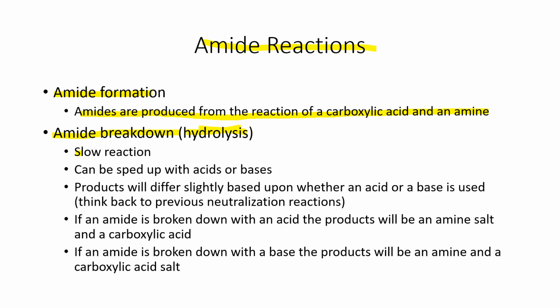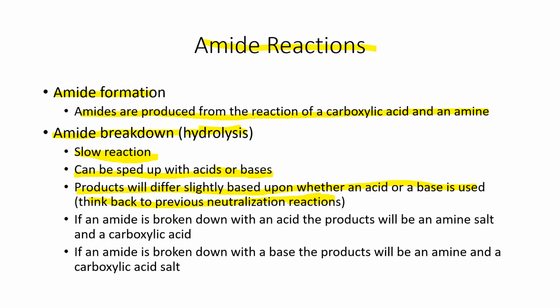The breakdown is a very, very slow reaction. So being it's a slow reaction, again, we can speed this up with either acids or bases. But remember, the products are going to be slightly different depending upon whether an acid or a base is used. Think back to those previous neutralization reactions. It's still going to come into play.